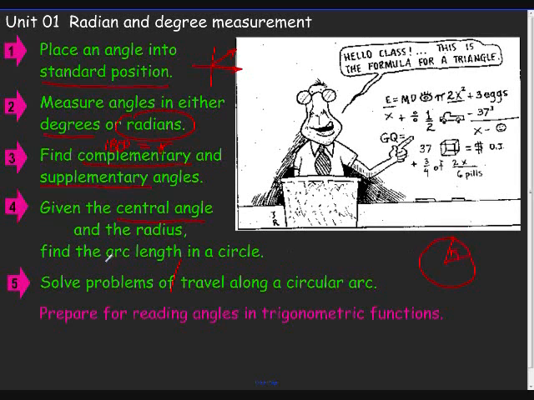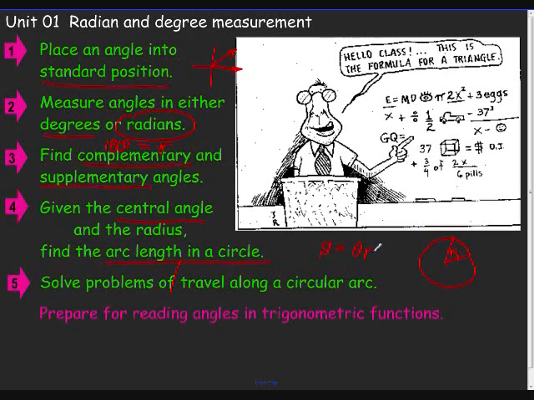We learned how to find the arc length, but we didn't actually practice any of that. What did we find? That the arc length is equal to the angle expressed only in radians, correct?